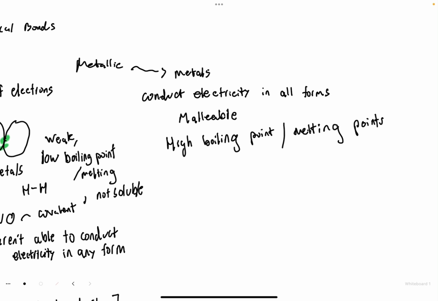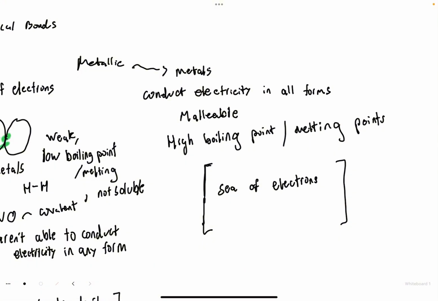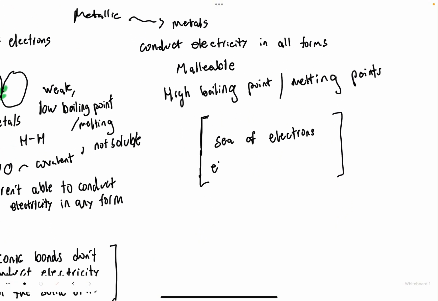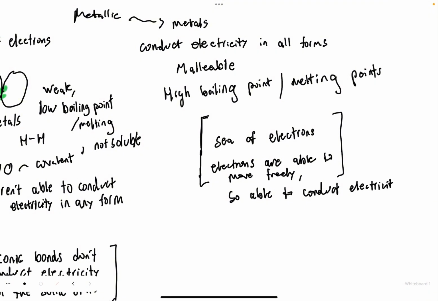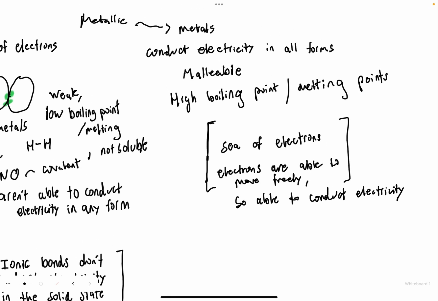They honestly are just metals, but the key thing about metals is the sea of electrons. So that can't be confused. So the sea of electrons are able to move freely, so able to conduct electricity. So that's metallic.